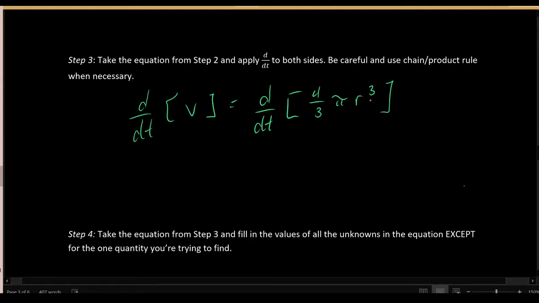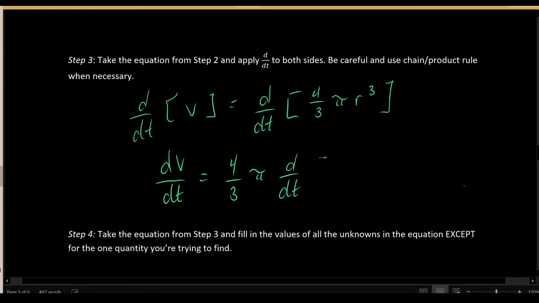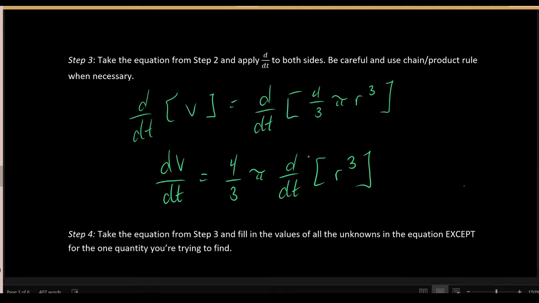Okay, so the derivative with respect to time of volume, I'll just write as dV/dt for short. Constant multiple rule says that you can bring the 4/3 pi out and worry just about the derivative of r cubed. Now in this situation, the cube function is the outer function, and the inner function is r.